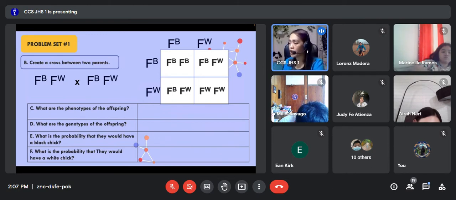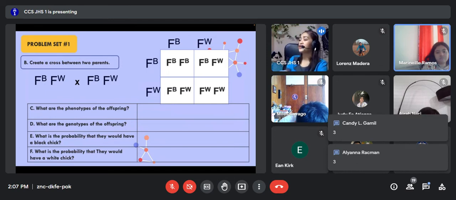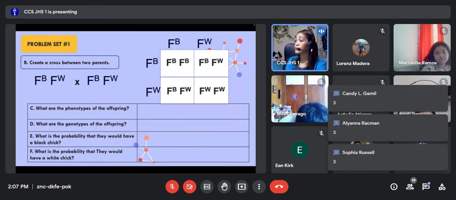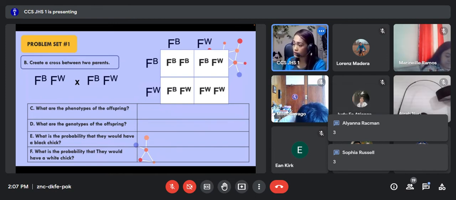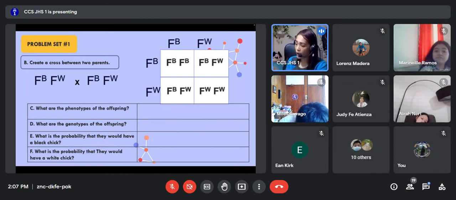So how many combinations do you see on the Punnett square? One, two, or three? Three. Three, correct. So this time, the homozygous black and white, and at the same time the heterozygous erminate, are possibilities for this set of parents.